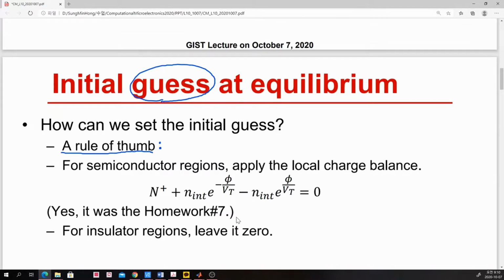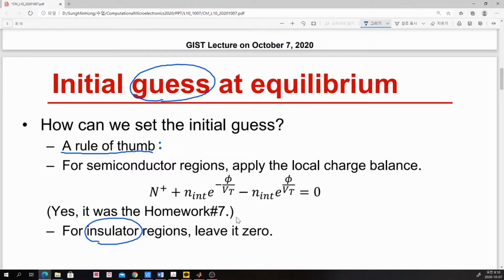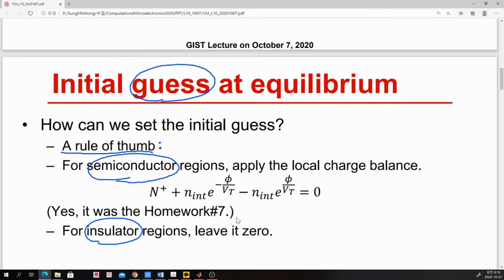In this case, we have to decompose our system into two pieces depending on the material. For example, if we have insulator regions, then we have to consider this part, and if we have semiconductor regions, then we have to consider them separately.